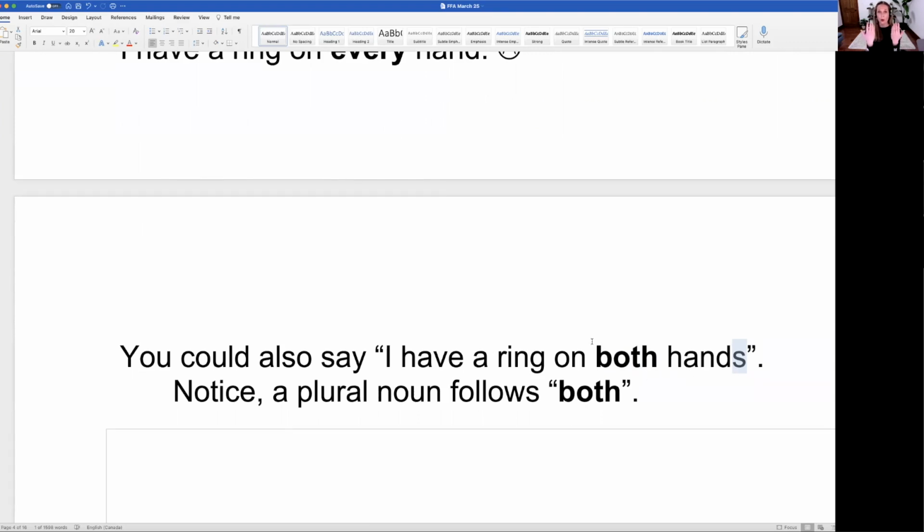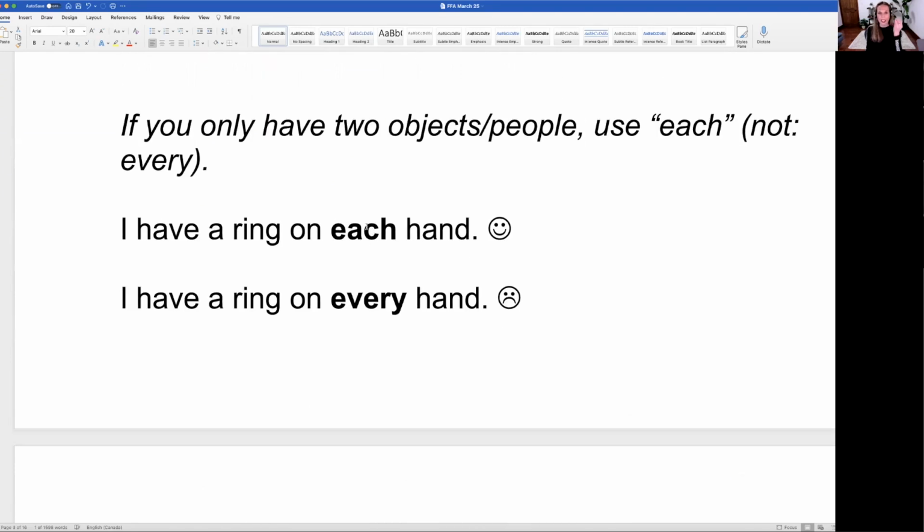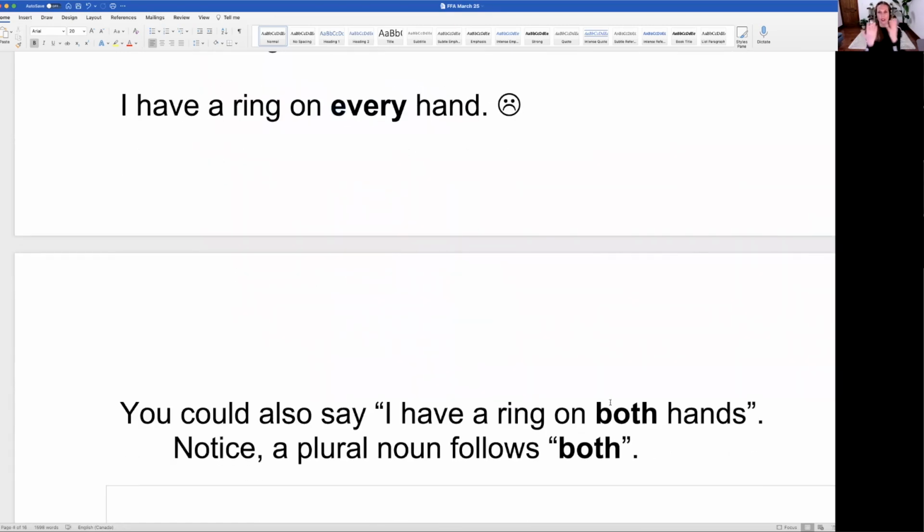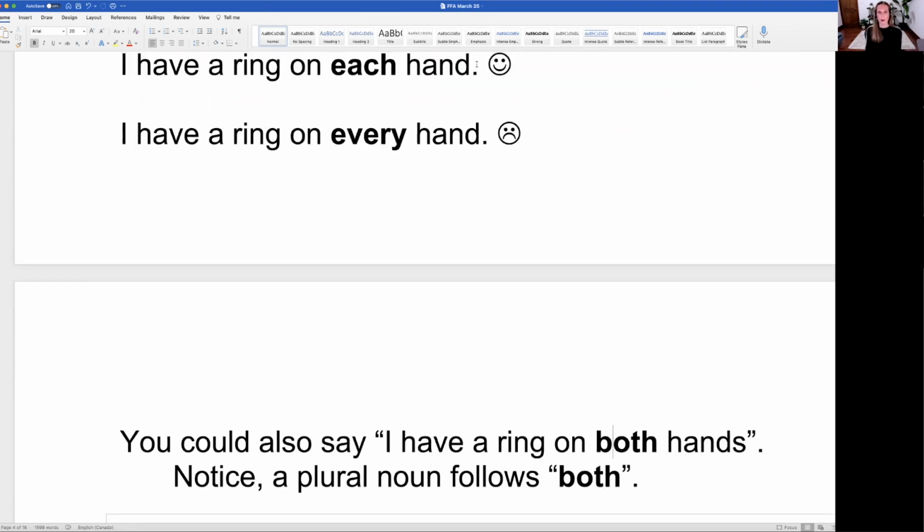And with both, I'm just looking at this and this together, okay? But with each, remember, it's that individual. So my left hand and my right hand, but I'm still seeing my hands as individual. Here, I'm seeing my hands just together as two. But remember, we can't use every with two.